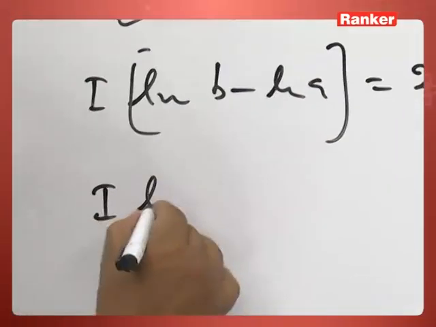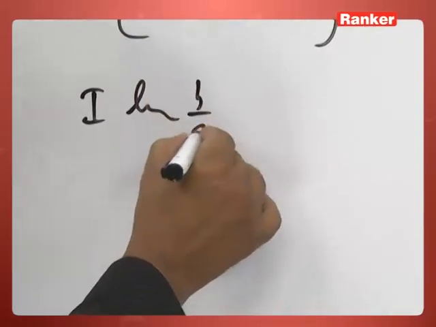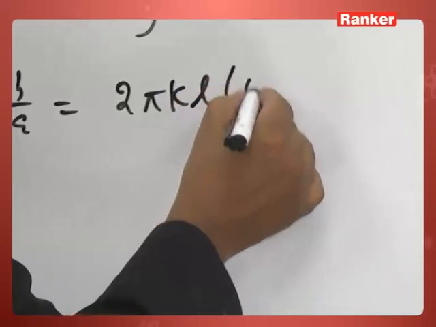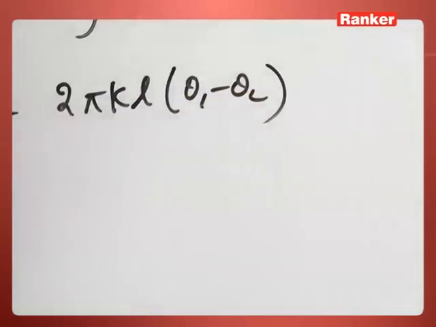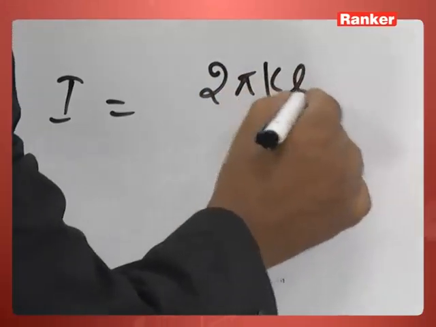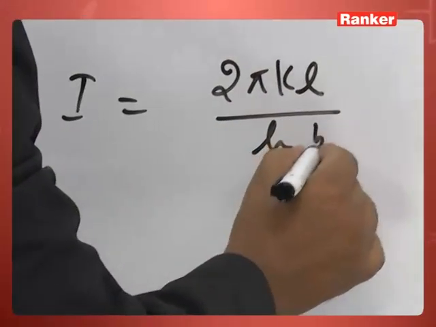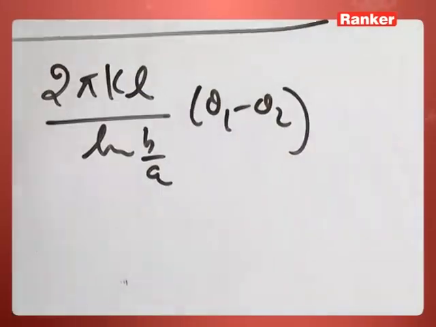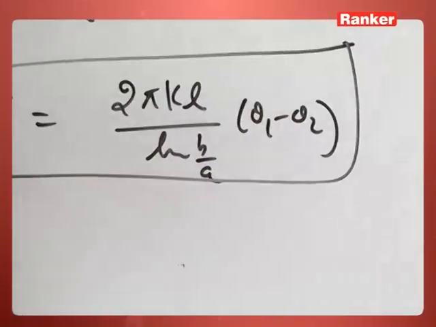So, I ln B by A equals 2 pi k L theta 1 minus theta 2. So, I is equal to 2 pi k L by ln B by A times theta 1 minus theta 2. So, this is the heat current.